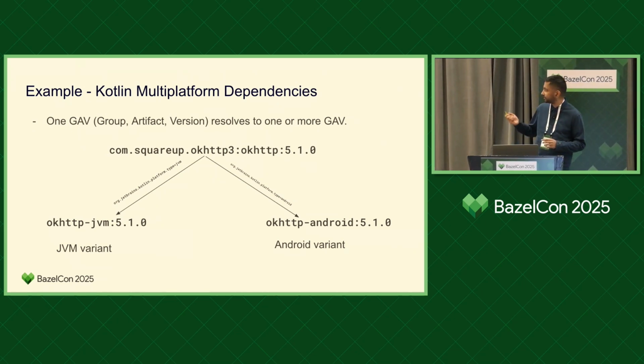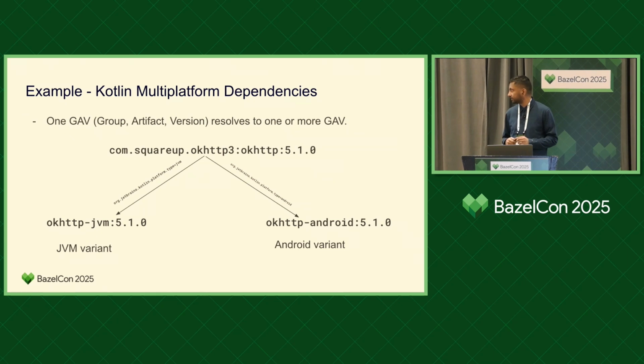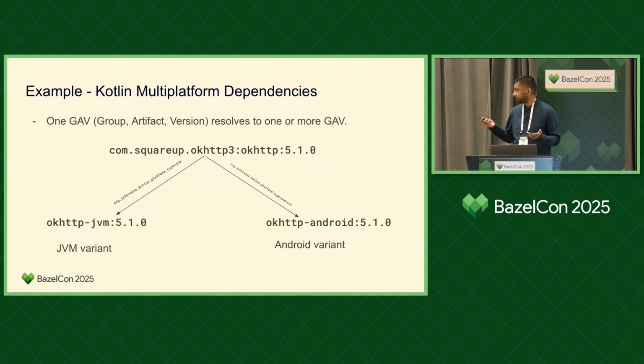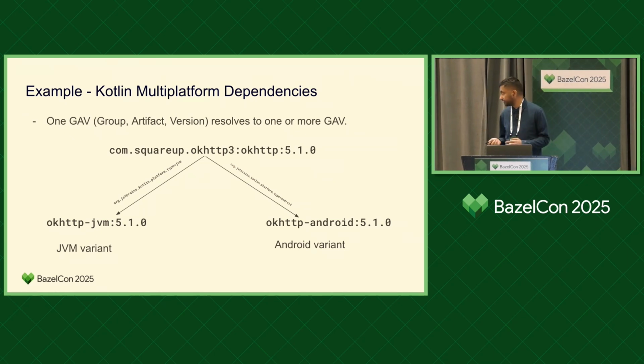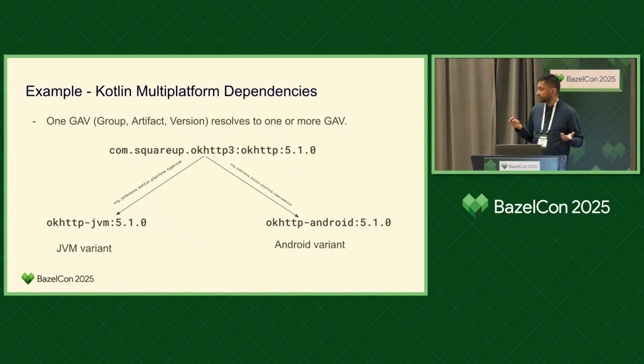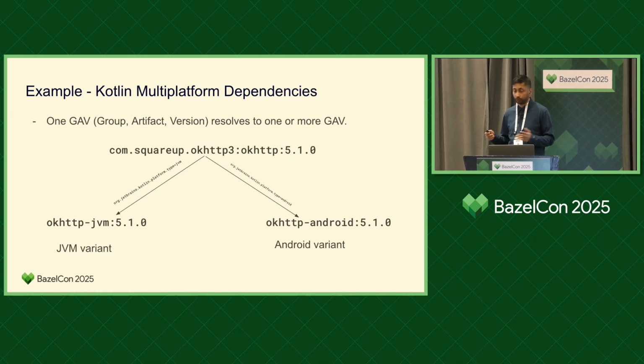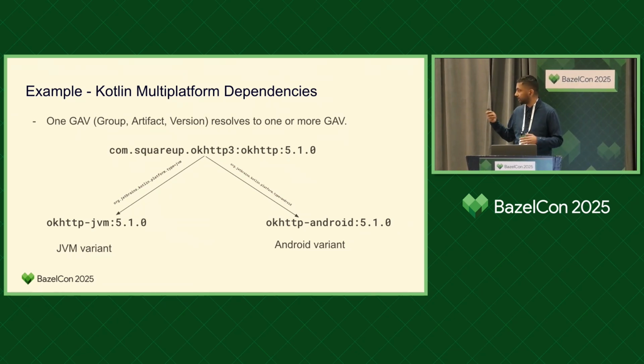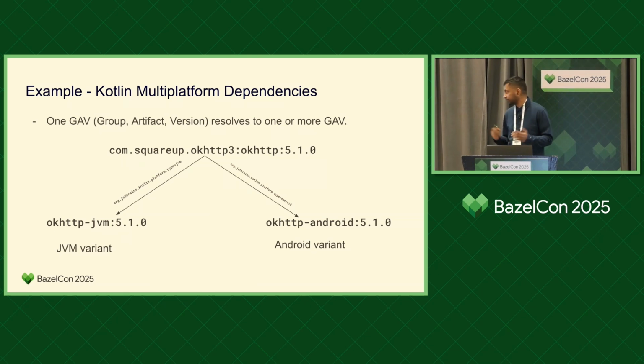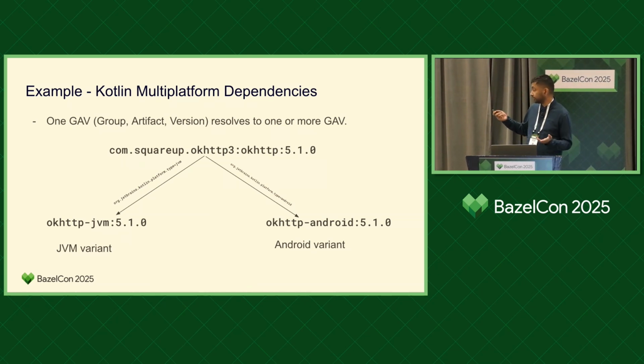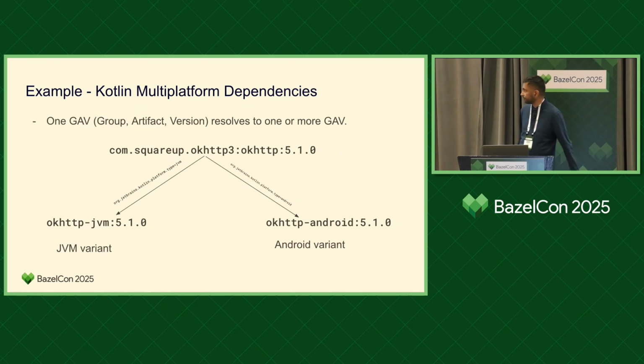For example, OkHttp is a popular HTTP client. It has two different variants, the JVM variant and the Android variant. A variant with Gradle is really its own coordinate in this instance, which has its own set of dependencies. So the Android coordinate or artifact has a bunch of different dependencies because it has platform-specific code.